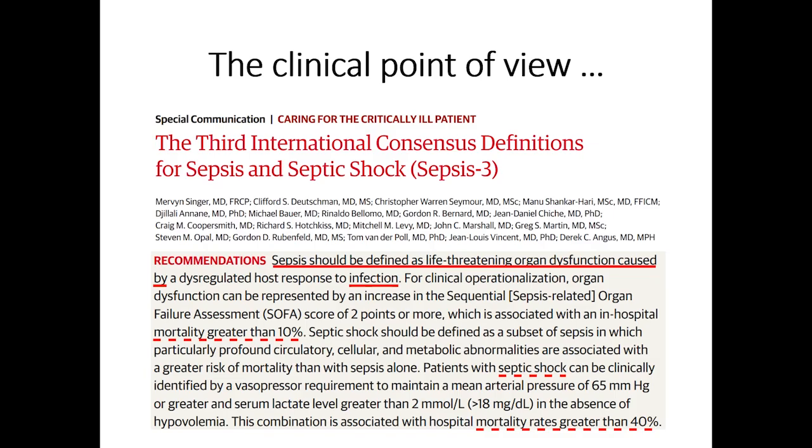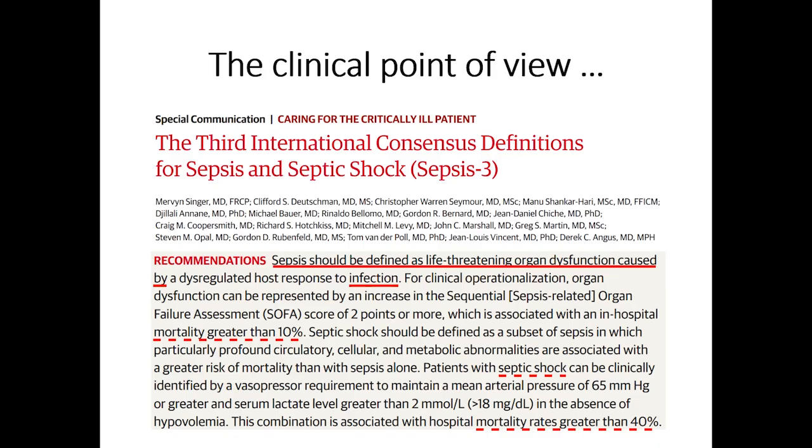When we look at the new sepsis and septic shock definitions, sepsis is defined as a life-threatening organ dysfunction caused by infection. I think this is quite a clinical definition, but if we look closer into how these definitions were actually made, then we learn that from database analysis, patients with sepsis were graded according to their in-hospital mortality, and those with sepsis and acute organ dysfunctions on average had an in-hospital mortality of 10% or higher.